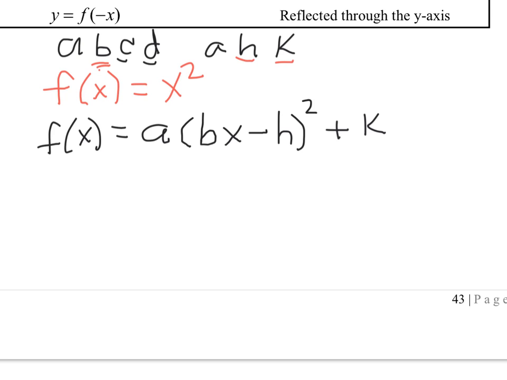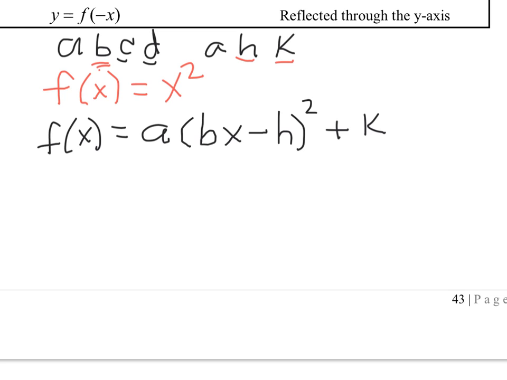In other words, they only affect the range. So when you are making your table or you're looking at a graph, keep that in mind. A affects y values. K affects y values. All right? So inside the parentheses, we have our x. So guess what? B and H affect x values.